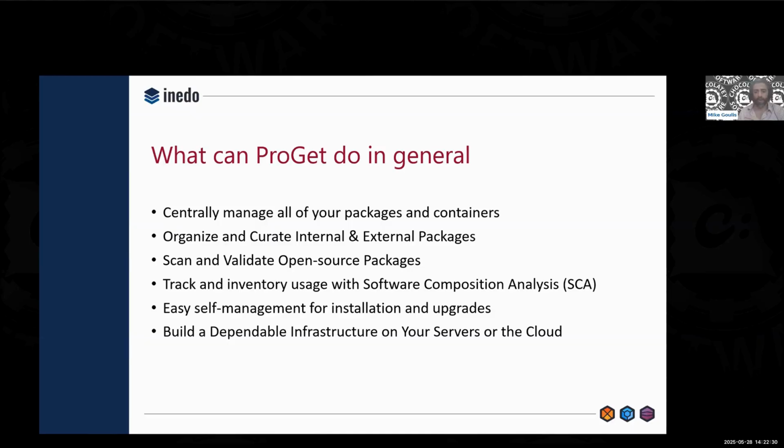So your whole software supply chain can benefit from using something like ProGet. We also have a self-hosted, self-managed version. You can deploy it on your own server, in your own location, or on the cloud. We also have a managed service version available. So easy to install, not a big learning curve, free version that you can take advantage of and get your core use case done.